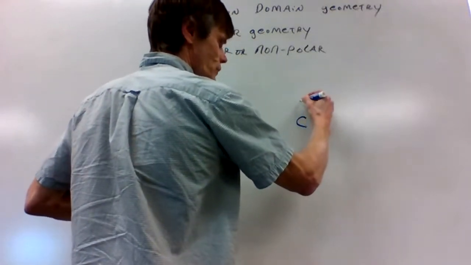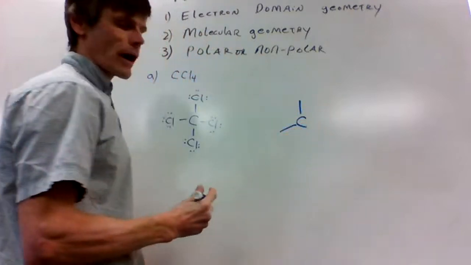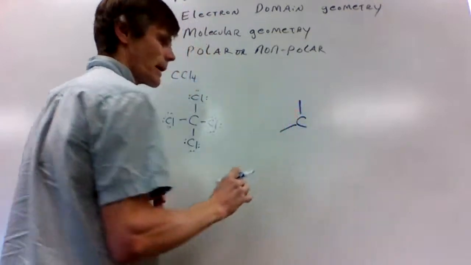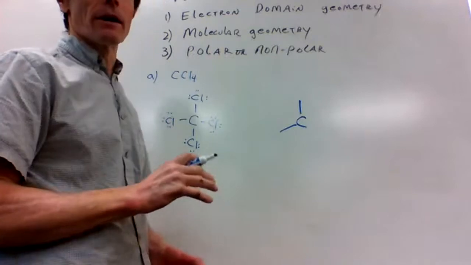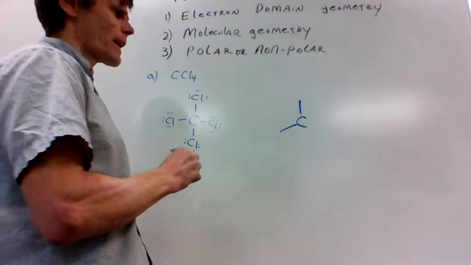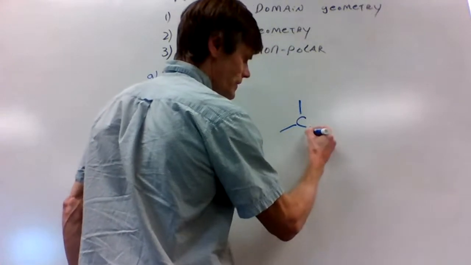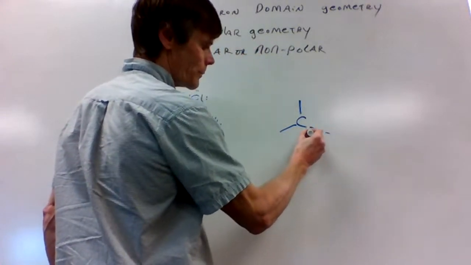A tetrahedron, by convention, we use our straight lines representing atoms or regions of electron density that are in the plane of the dry erase board. In this case, the wedged line represents regions out of the board, I'm sorry.